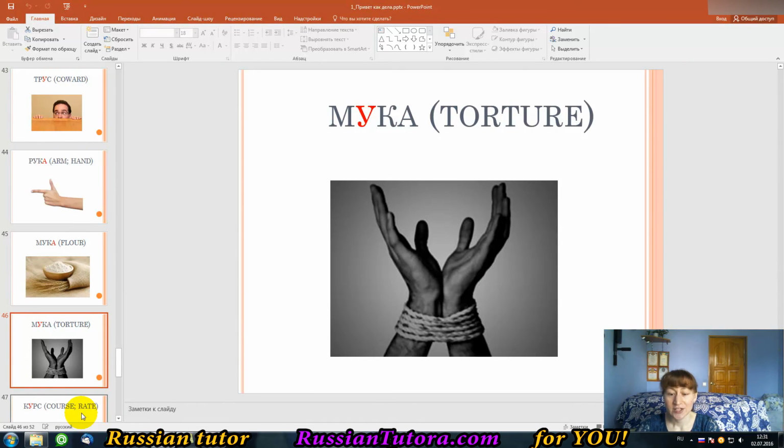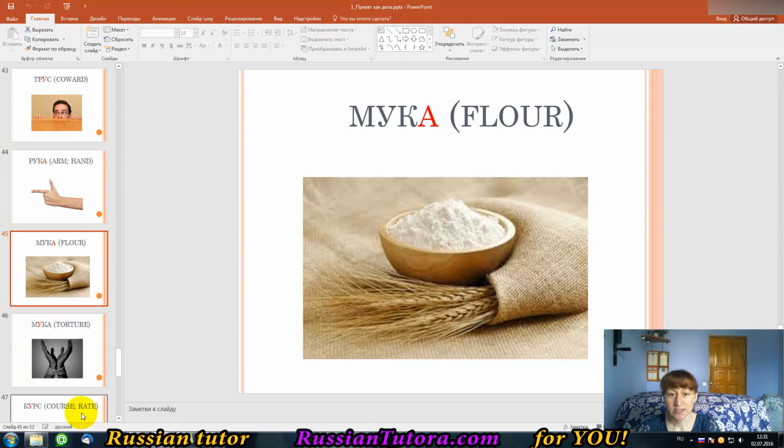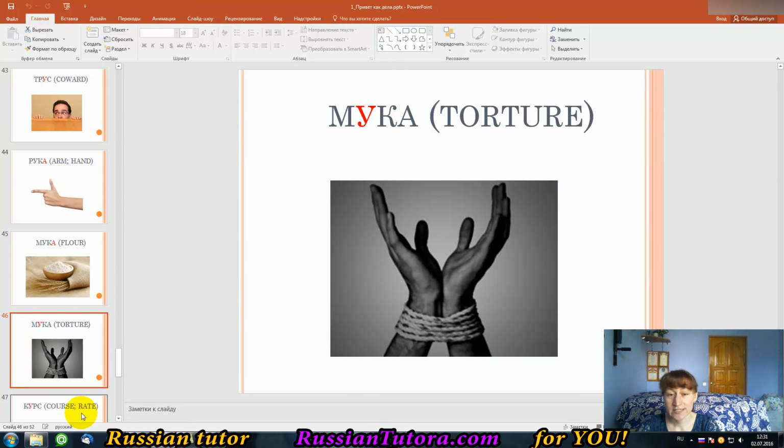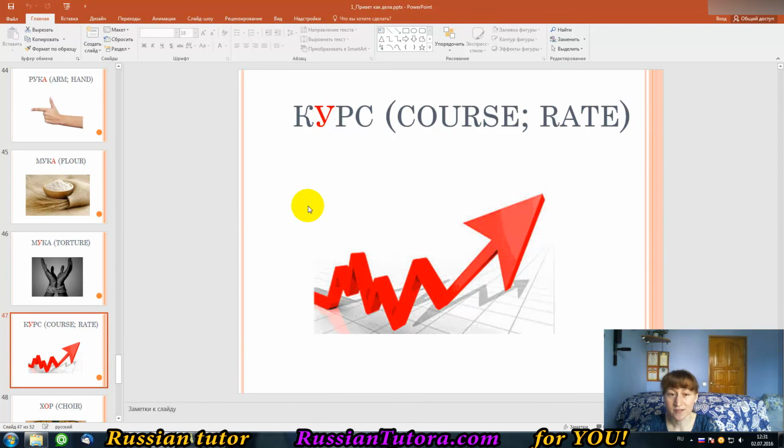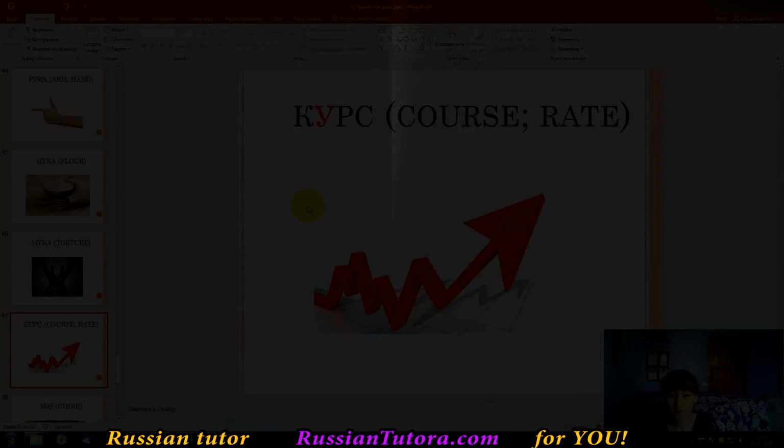Мука. So you can see this word and this word only differ in stress, but the meaning changes completely. So the stress is very important in Russian. The next one. Курс.